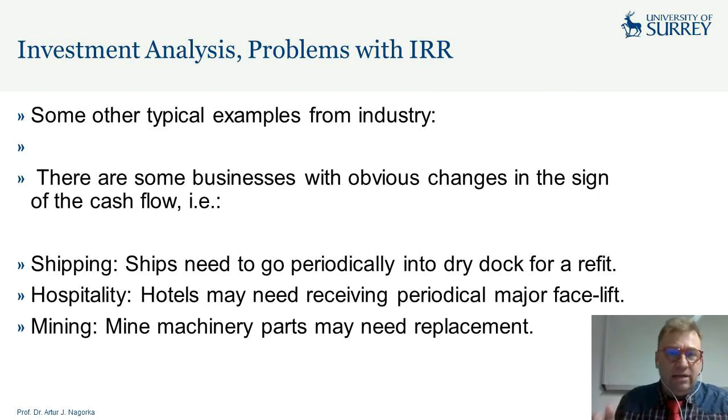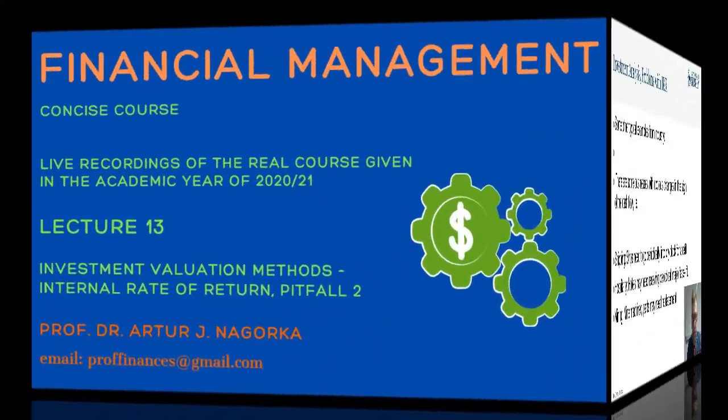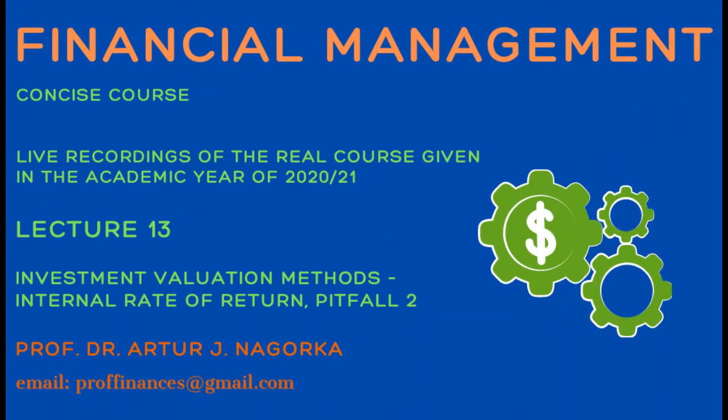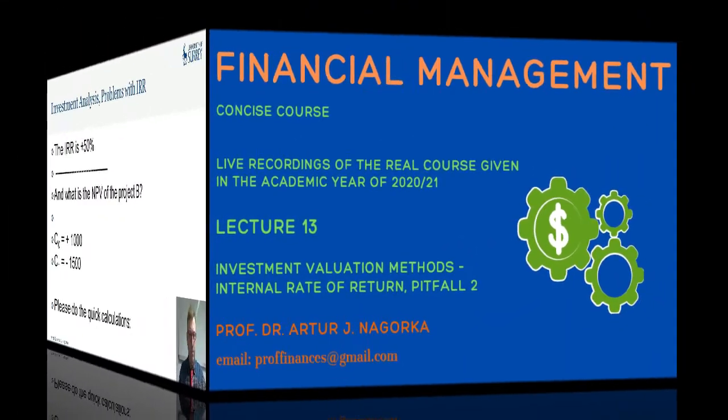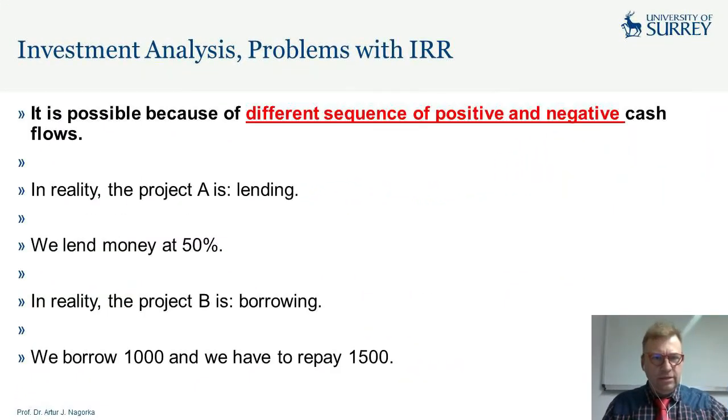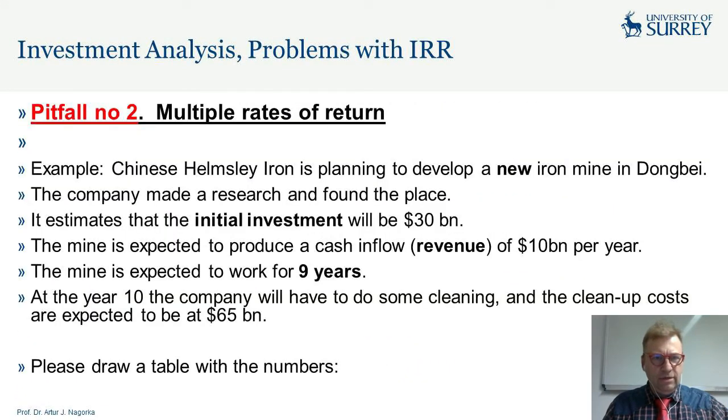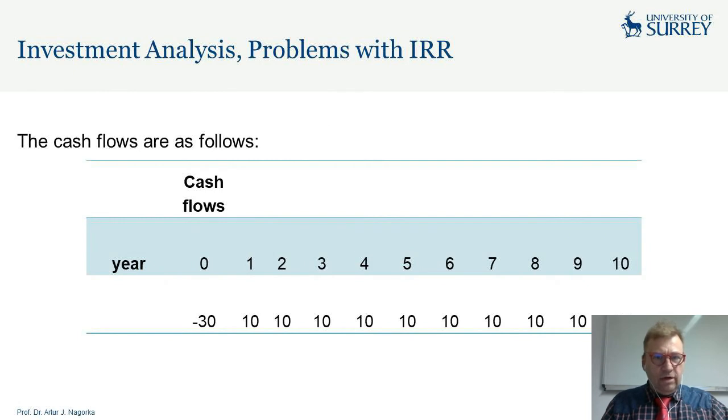And obviously mining. Mining is the classic situation when you construct a mine, coal mine, iron mine, copper mine, and then you dig, but at the end you have to clean it up. We had these problems with IRR.